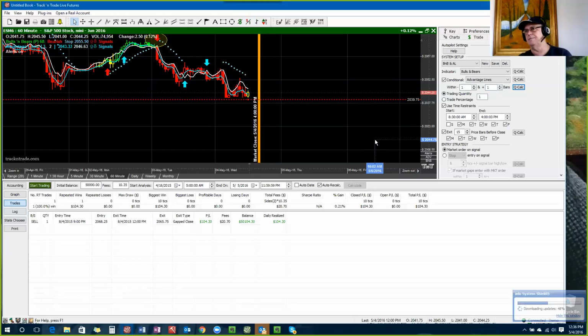Now it's 1 and 1. Wow. Now then you had one trade and made $104 because you QCalc'd it. So let's go back over here and move this back to 4 and 16, and see how it does.